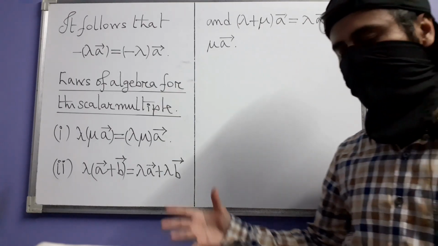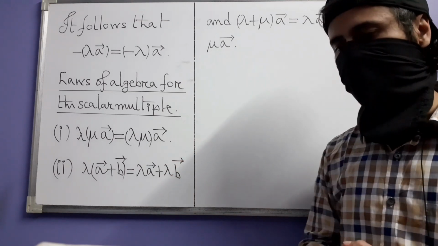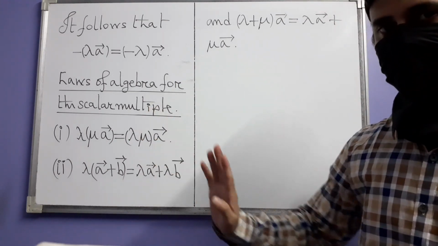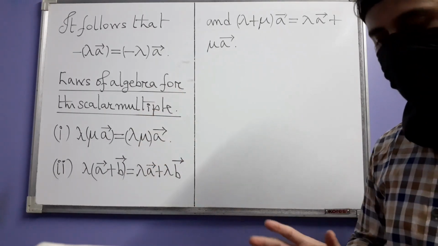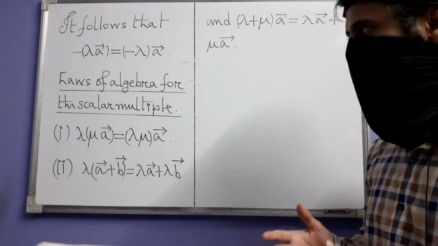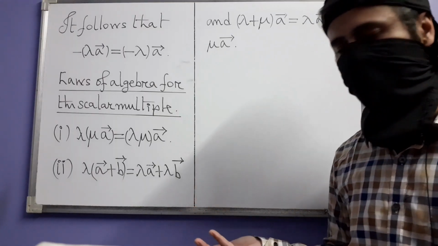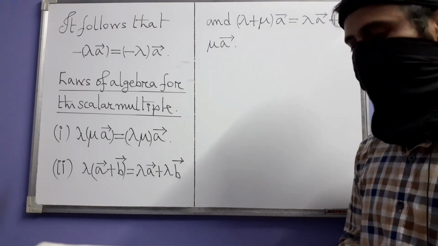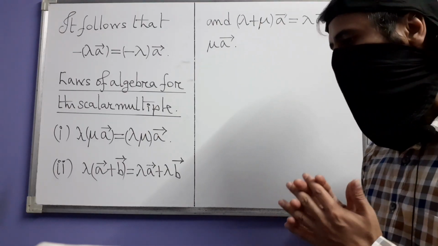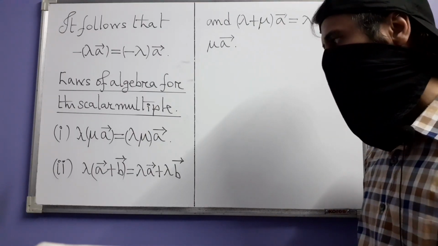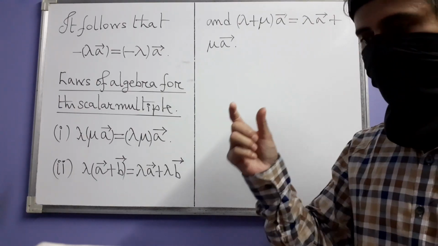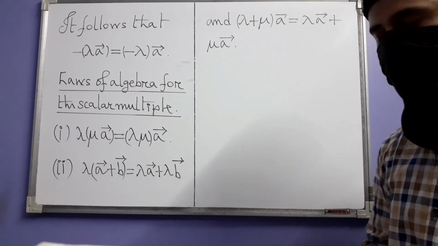Actually, if you collect all these properties plus one or two others which we did not see here, then all those things collectively say that the vectors we have form a vector space over the field of real numbers under the two operations that we see here, vector addition and scalar multiplication.